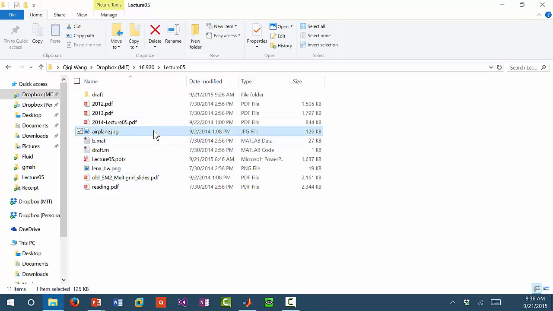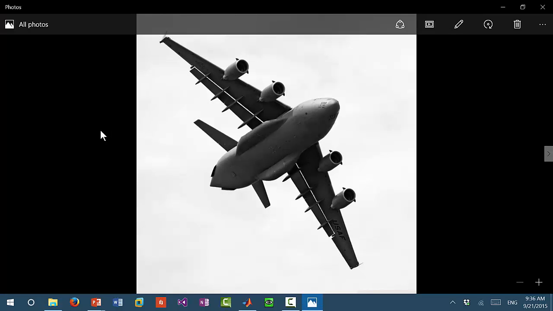This time, we're going to be looking at a much bigger picture. We are going to use an airplane as an example. This is a 1023 by 1023 image. When you are solving a linear system with this being the solution, what is the size of the matrix?